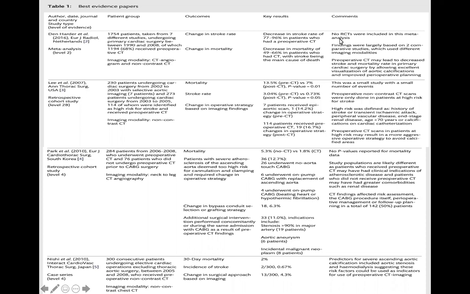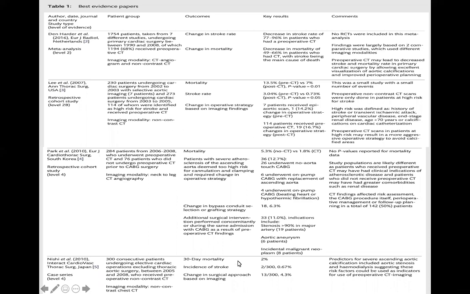As a comment on this paper, no RCTs were included in this meta-analysis. Findings were largely based on two comparative studies which used different imaging modalities. Preoperative CT may lead to decreased stroke and mortality rates in primary cardiac surgery by allowing excellent visualization of the aortic calcification and improving preoperative planning.